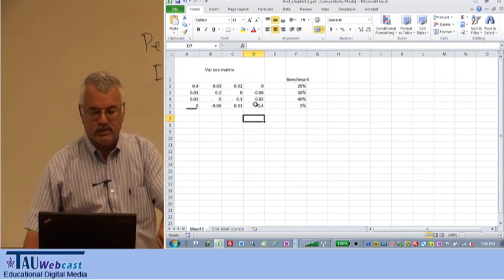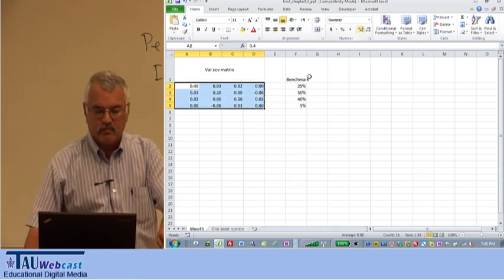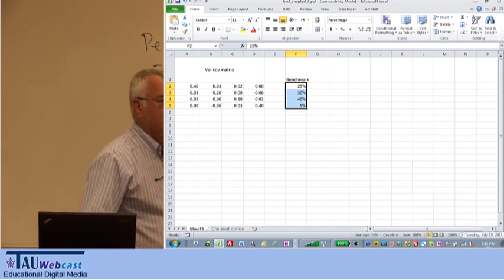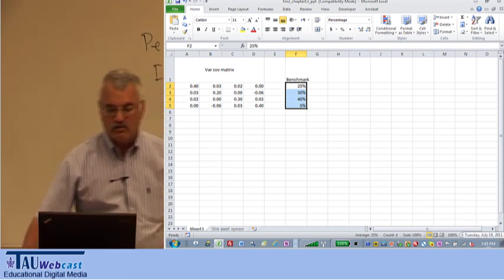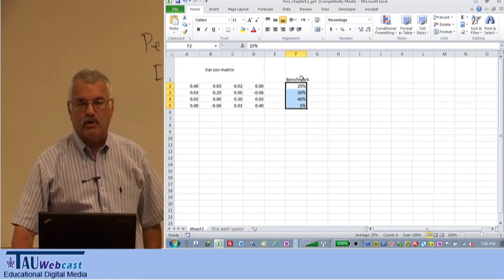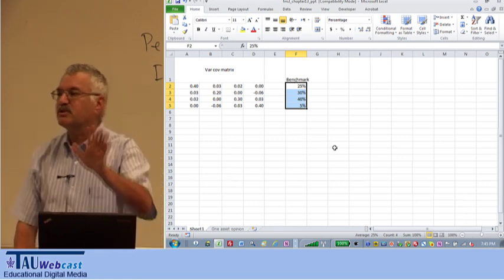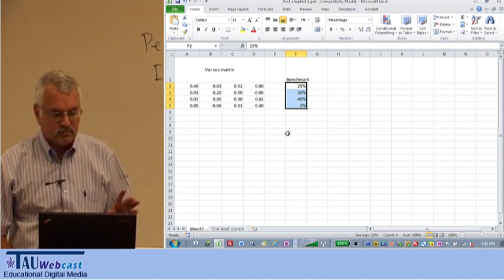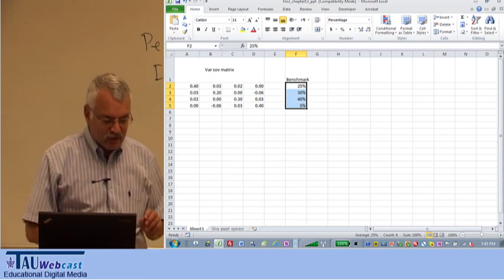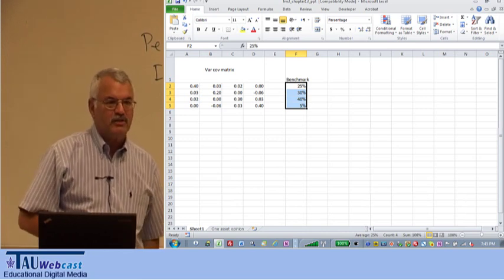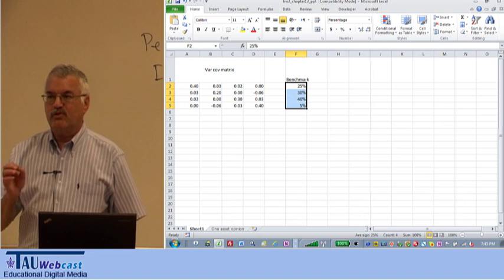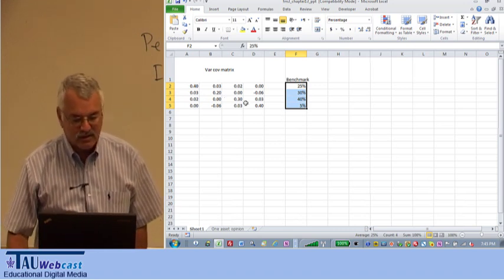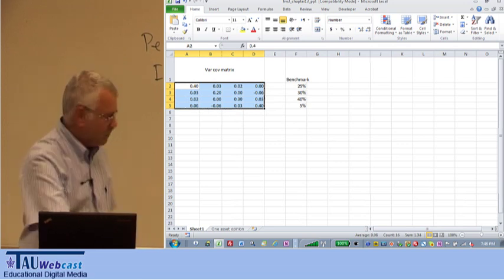I have a variance-covariance matrix. I have a benchmark. Now, in the previous examples that I gave, where the benchmark is now, this was always the vector of expected returns. I don't have expected returns now. I just have a benchmark. Okay? And the first thing I'm going to do is tell you what it means for this benchmark to be optimal given this variance-covariance matrix. Okay?